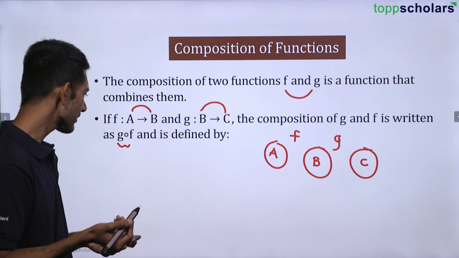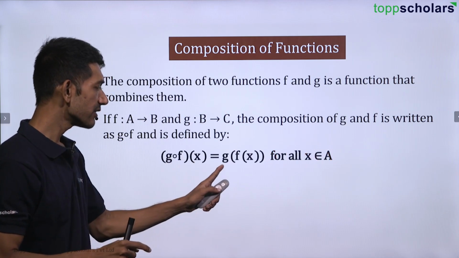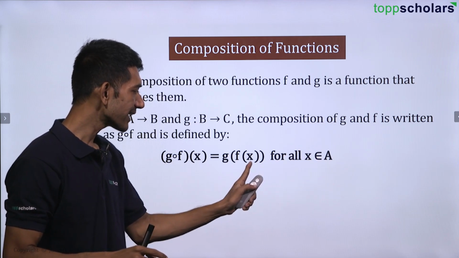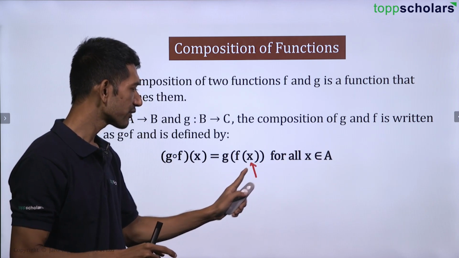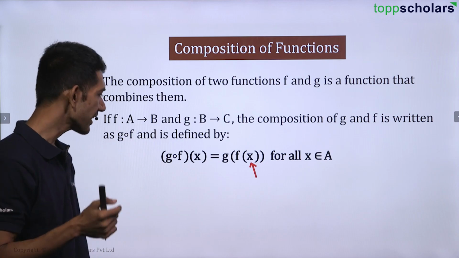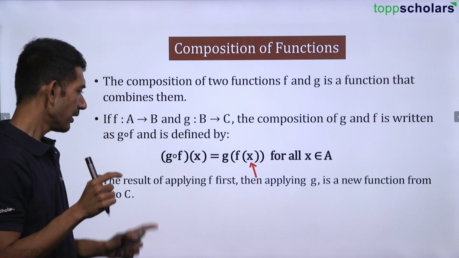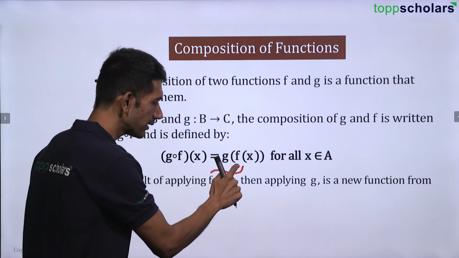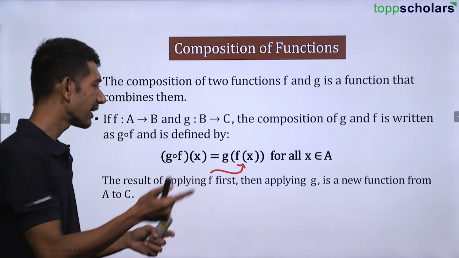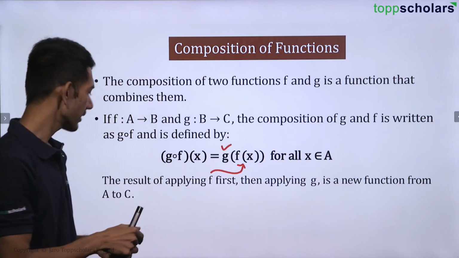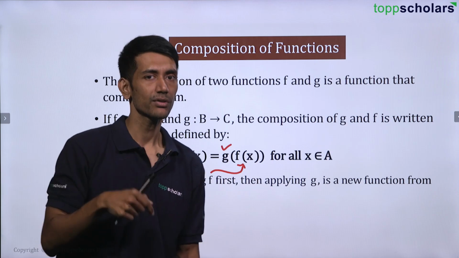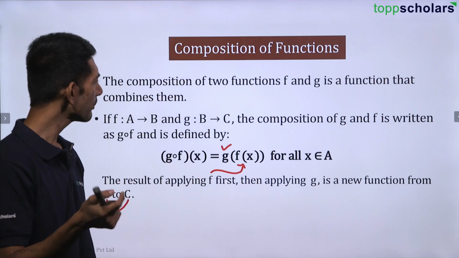It is defined as g of f of x for all x belonging to the set A. For all x belonging to which set? The first set A. Here we apply f first and then apply g to get a new function from A to C. That is from A to B, B to C, then we get A to C. How? We'll get to know in the problems as well.